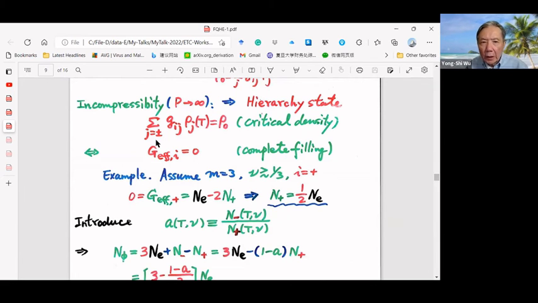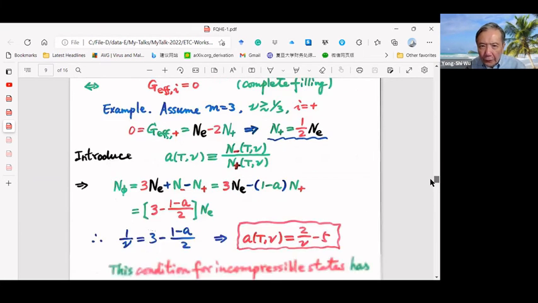Okay, so this mixed anion gas, when it becomes incompressible, we will get the fractional quantum Hall plateau. So then the many-body state is a hierarchy state.